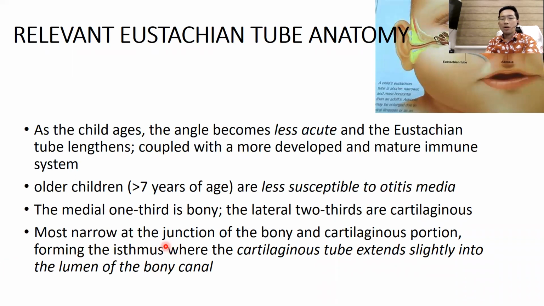Sometimes in our books it is called the isthmus, where the cartilaginous tube extends slightly into the lumen of the bony canal, meaning it is not a concrete border where the cartilage and the bone separate, but there is an overlapping.